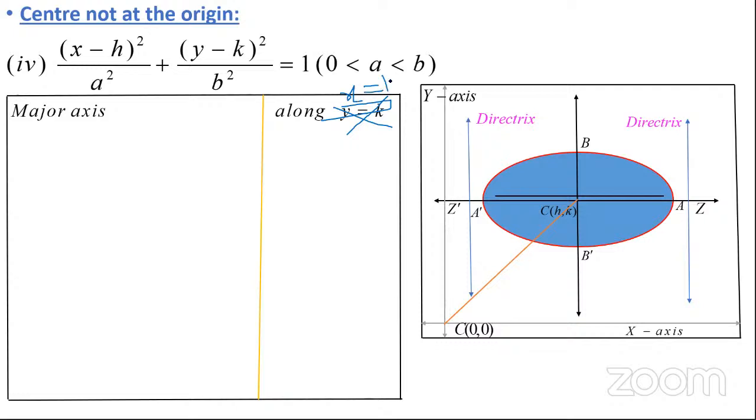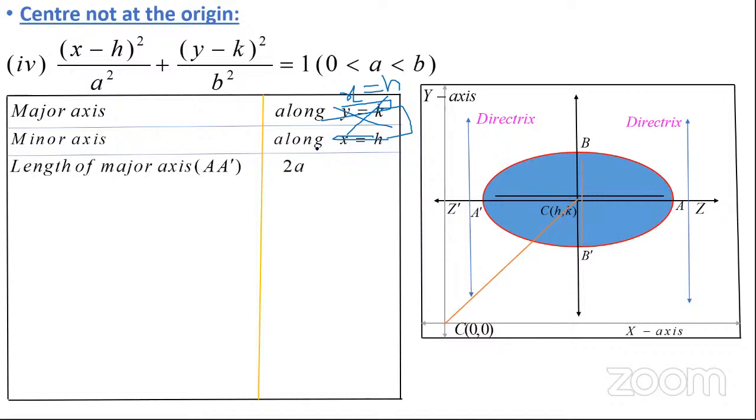So this is x equal to h, and this is the minor axis along x equal to h. This is also wrong. This is y equal to k, just interchange it. Typing mistake, sorry. So now the length of the major axis is 2a, and the length of the minor axis is 2b.